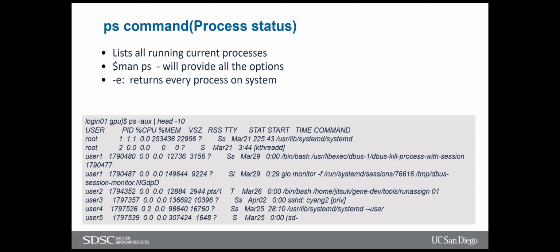The ps command, or process status, lists all the running and current processes on your system. This can be a lot of information. If you ran this on the login node, you'll see every single person who's currently logged in to the system. We have 2 login nodes, so they are split between the 2, but it will give you this information. Very often, the user support team will use this command to figure out what's going on in the system.